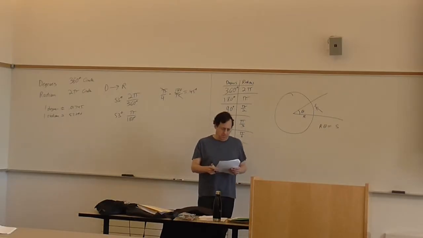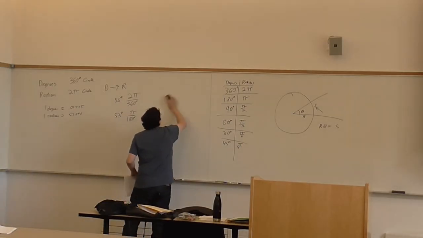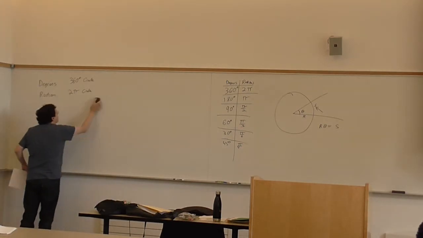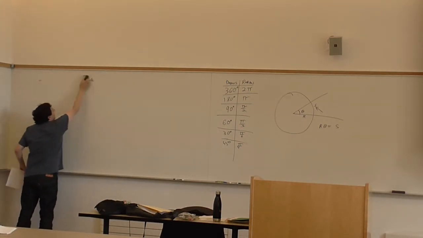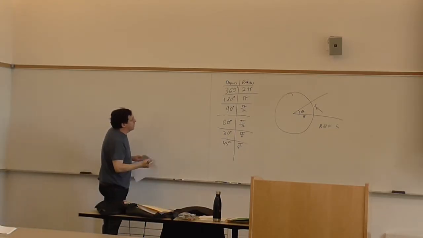All right, now we're going to do something a little different from what we've done with angles in the past. Up till now, when you thought of an angle, you might have thought of an angle in a triangle or a polygon.